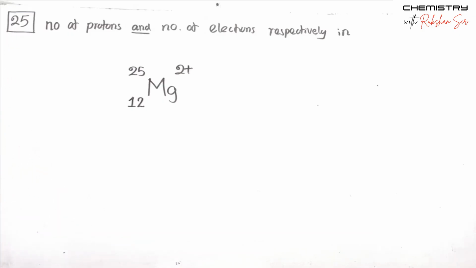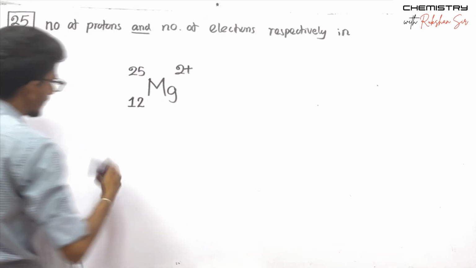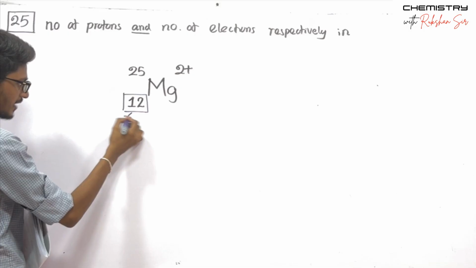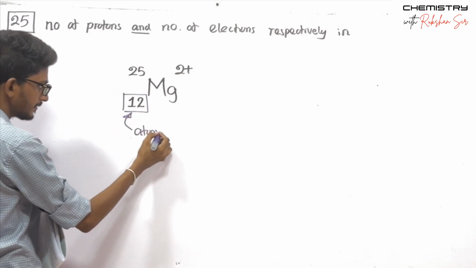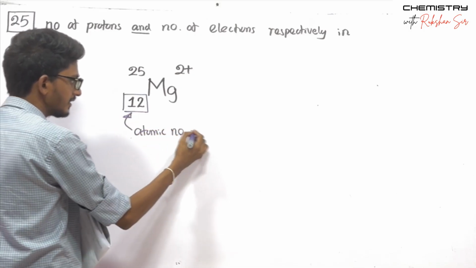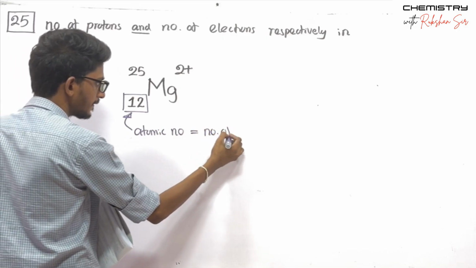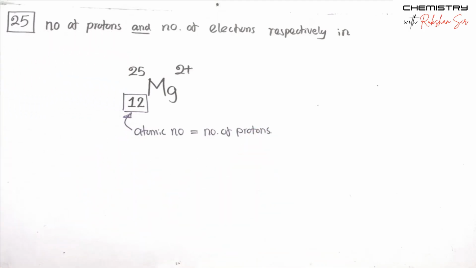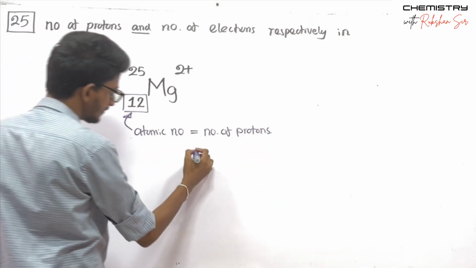Let's come to that. The atomic number is equal to the number of protons in the atom.